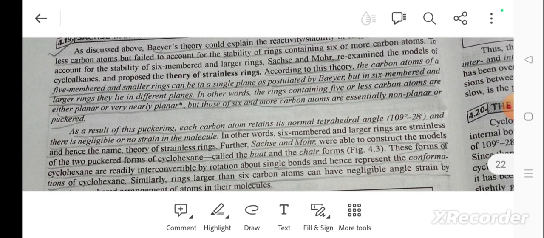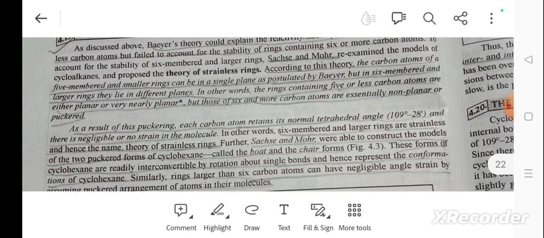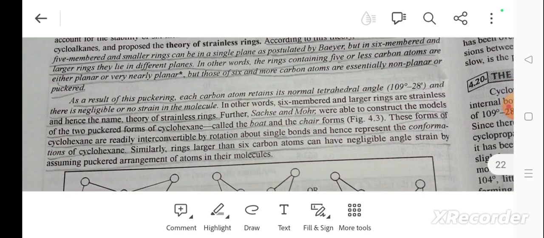In other words, the rings containing five or fewer carbon atoms are either planar or very nearly planar, but those of six or more carbons should be essentially non-planar or puckered. As a result of this puckering, each carbon atom retains its normal tetrahedral angle and there will be negligible or no strain in the molecule.